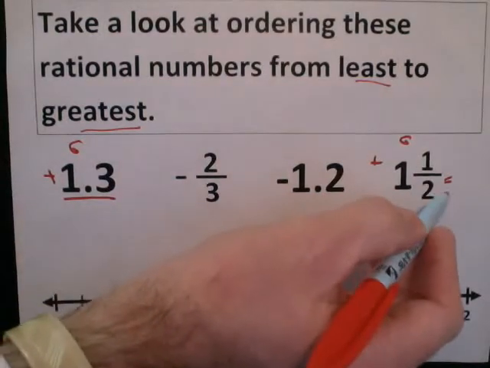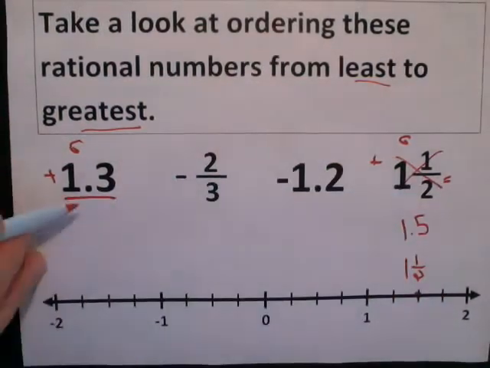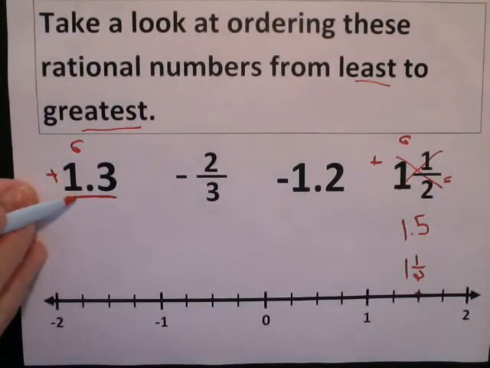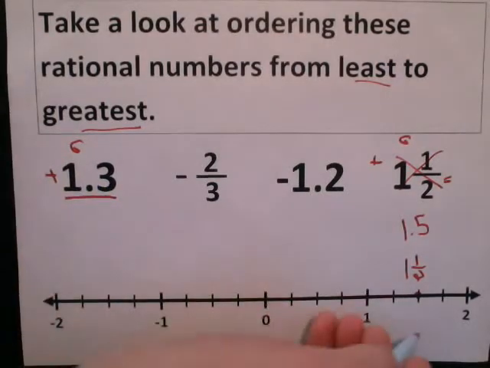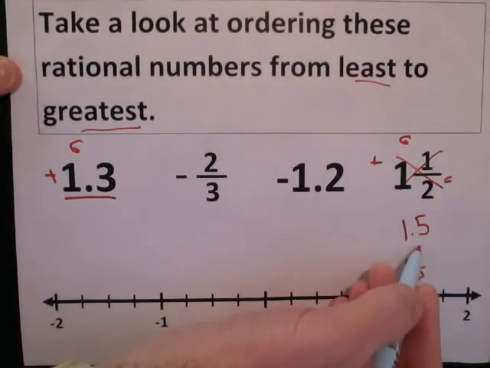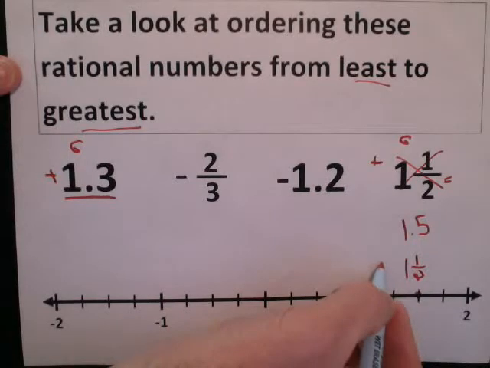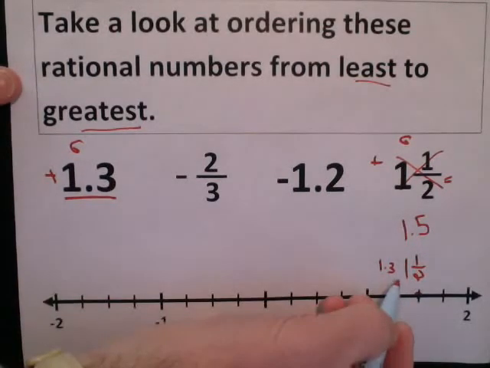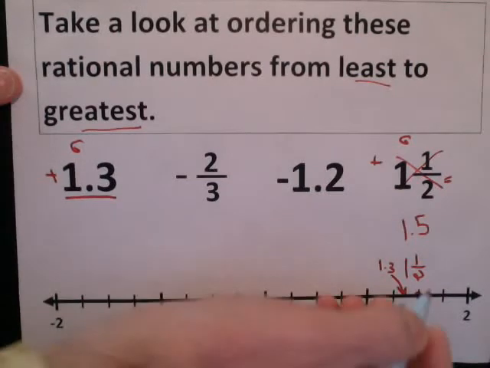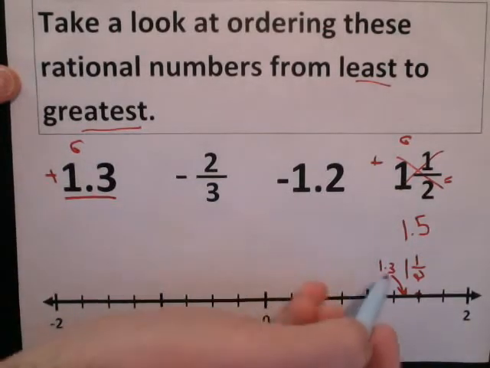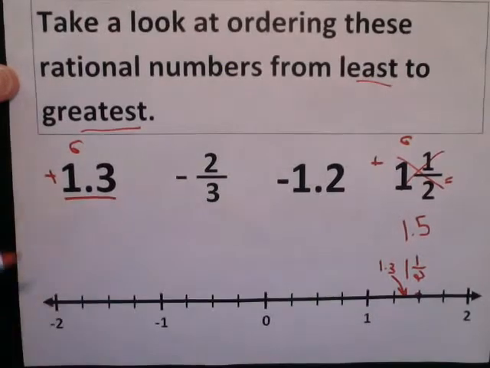So now we know that this is greater than this positive number because this is 1 3/10. 1 3/10 is certainly less than 1 5/10. So a positive 1 3/10 will probably land somewhere about here on our number line.